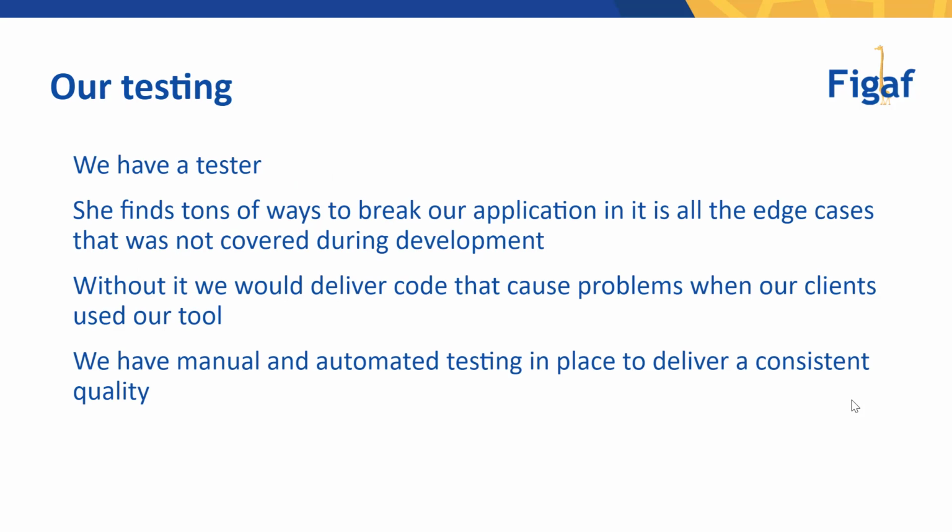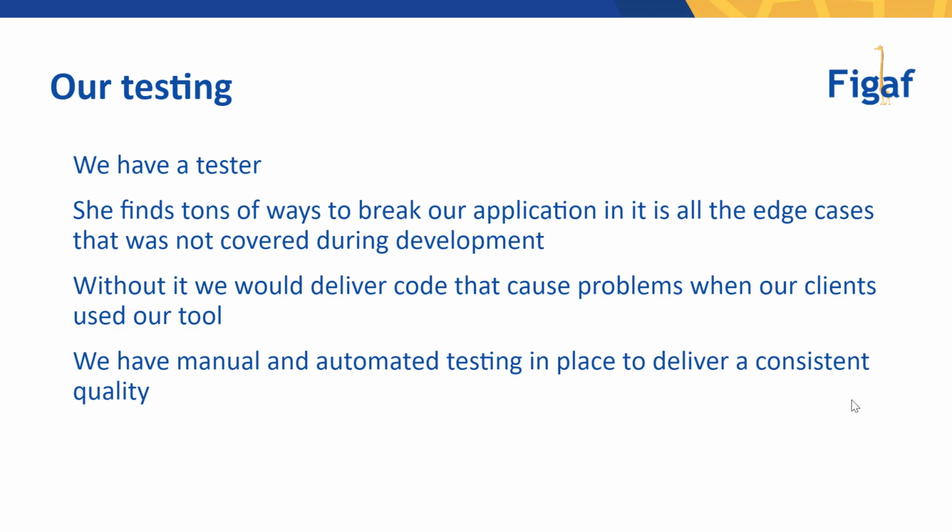We are developing an application, as you'll see a little later, and we have a tester whose main objective is to find bugs in the code that the developers have created.